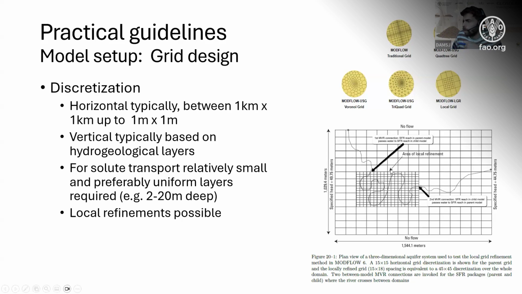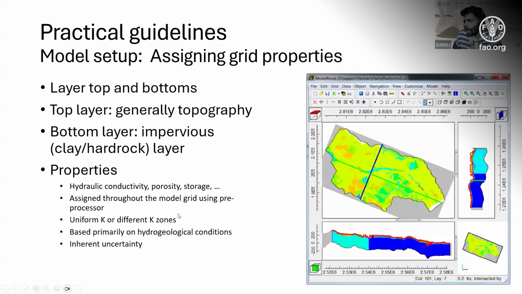Some of the model types also allow for local refinements of the grid scale, so that can reduce the simulation time. Because especially the MT3D simulation, the solute transport simulation, can really take a lot of time for one run.